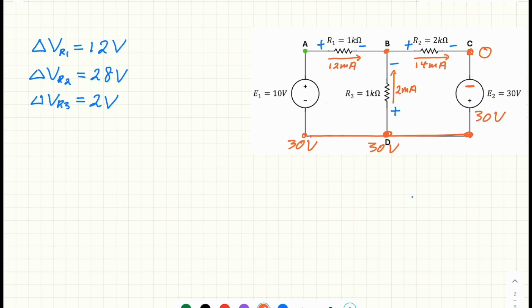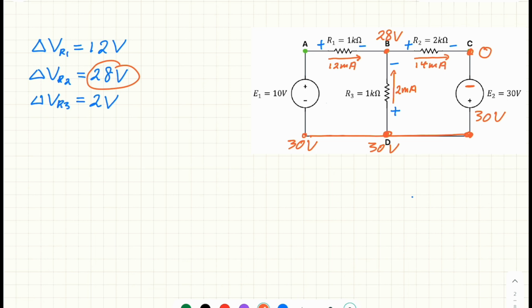Now we know the voltage across R3 is 2 volt and D is higher than B, so this must be 28 volt. R2, we just found the potential difference across R2 is 28 volt. So if the potential at B is 28, the potential at C should be 0.